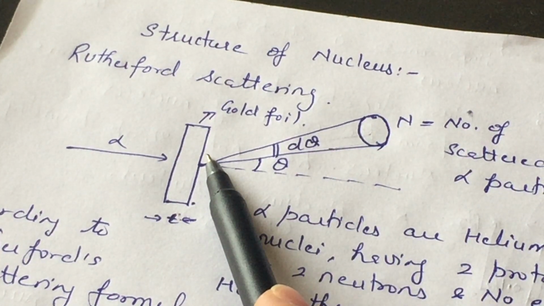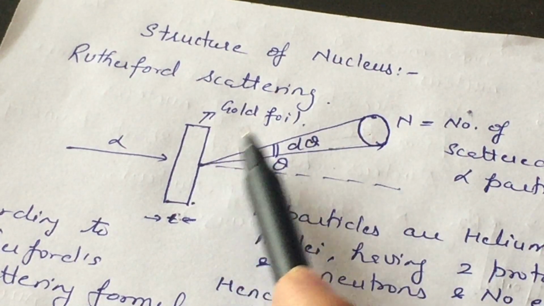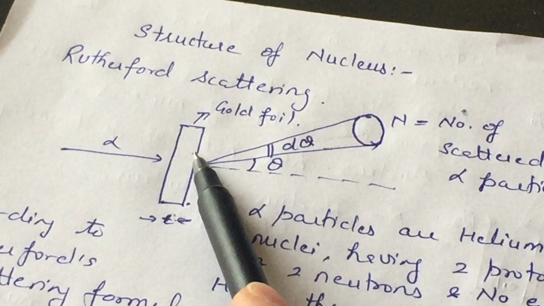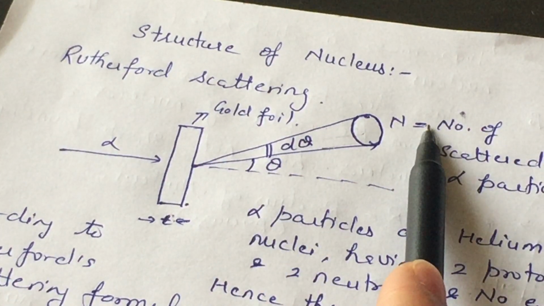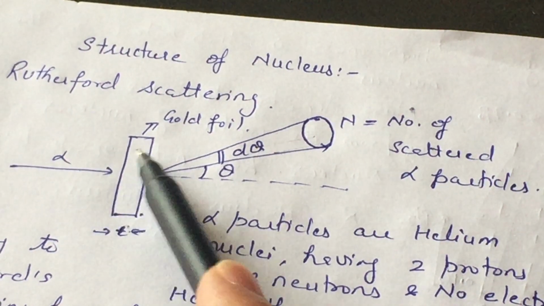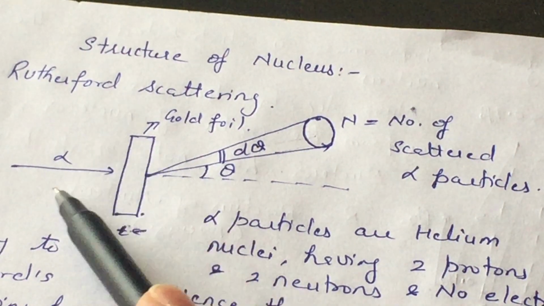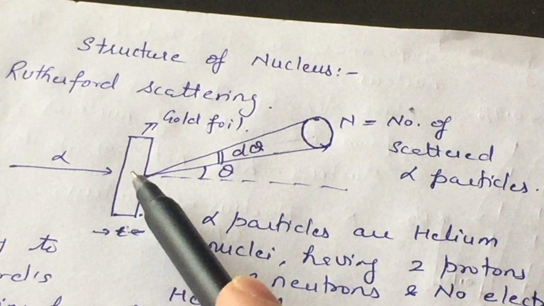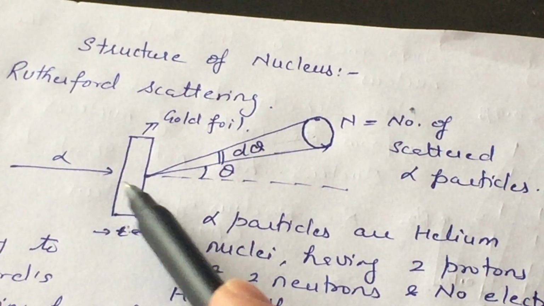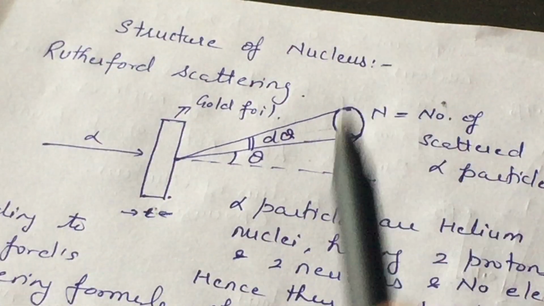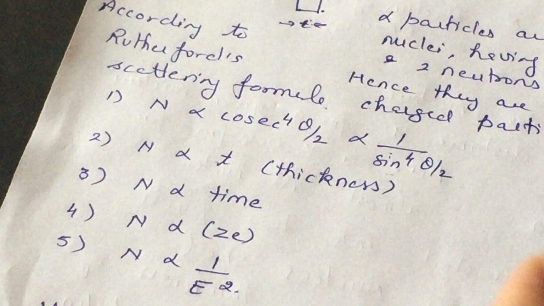If another student is performing the same experiment for 10 minutes, the number is going to be larger. As the time increases, because you are allowing the projectile to fall on the scattering center for a longer time, the number of alpha particles is going to increase, so the number of scattered particles is also going to increase.